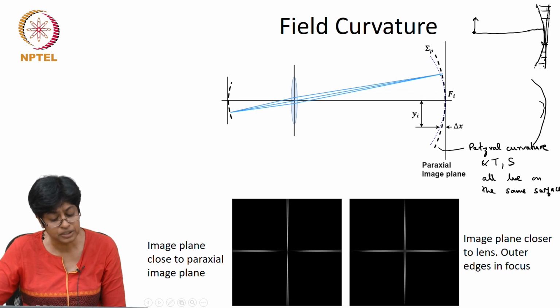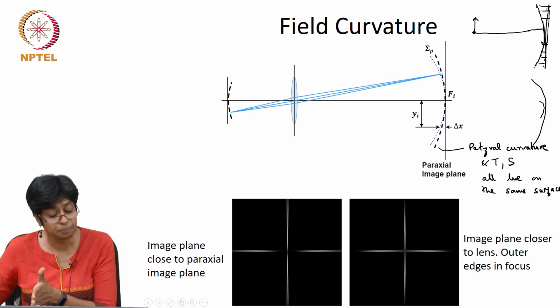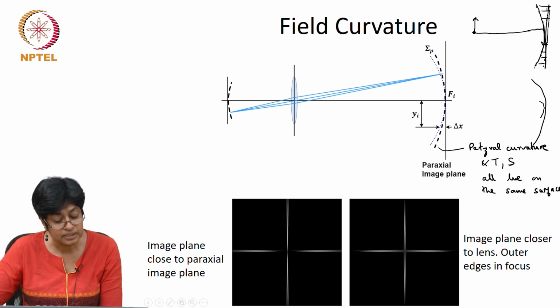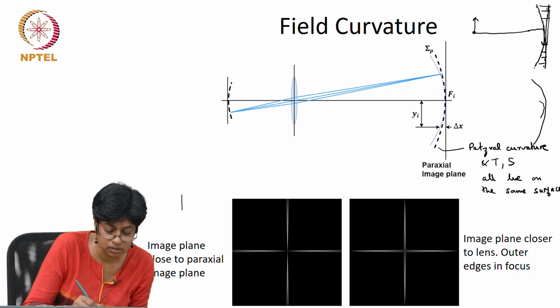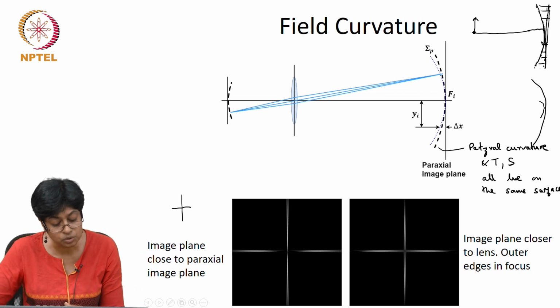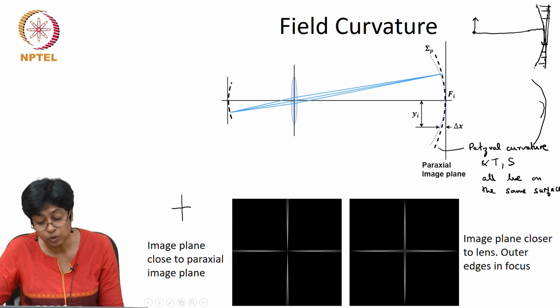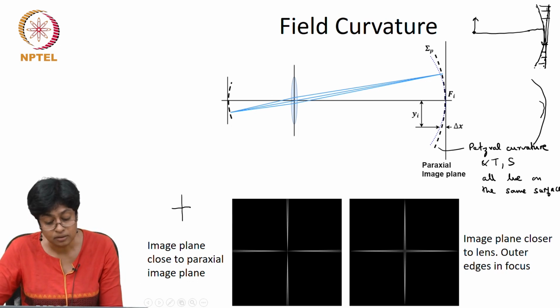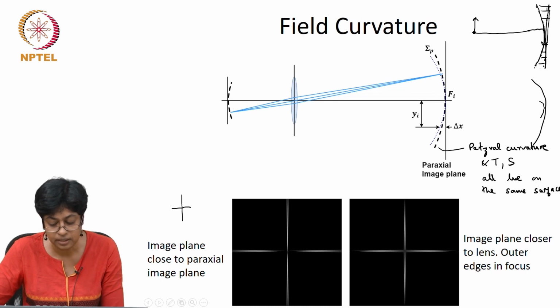The first image is when you're at the plane closer to the paraxial image point, and you can see you're imaging something like this across, and closer to this, you're at this plane where these rays are in focus, right? And if you move away here, these rays are in focus.